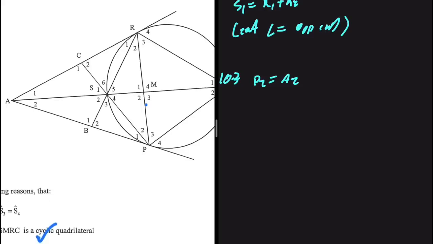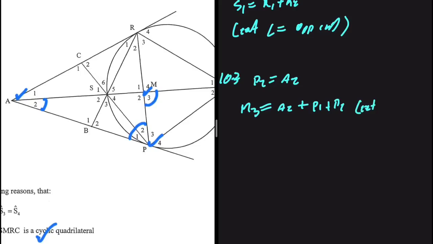Let's take a look at M3. Okay, M3 is an exterior angle of triangle MAP, right? So we can say that M3 is equal to A2 plus P1 plus P2. This angle here, A2, and P1 plus P2 are equal to M3, right?